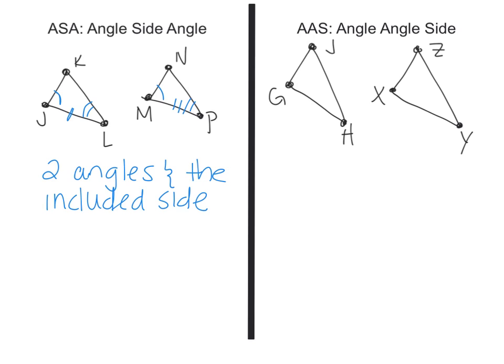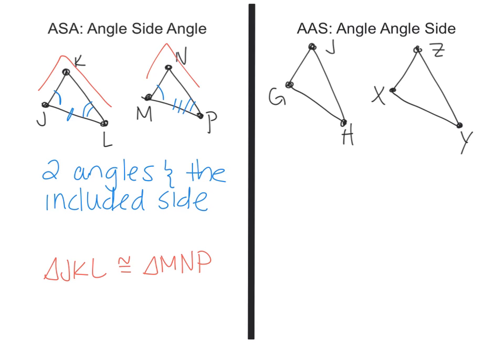If I were to write that, I would have JKL, going this way, congruent to triangle MNP, and again, I'm going this way. So angle J is congruent to angle M, angle L is congruent to angle P, and so on.